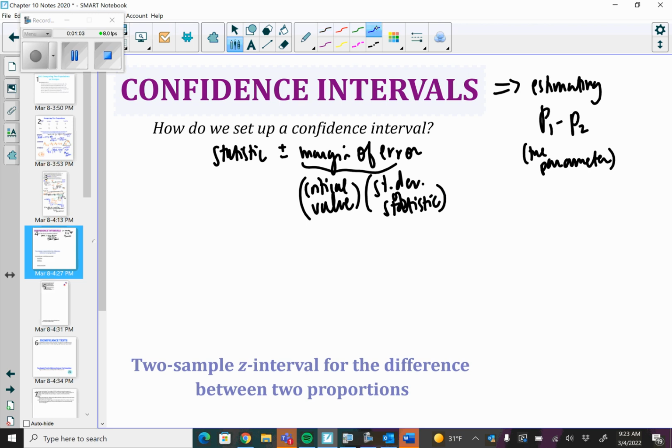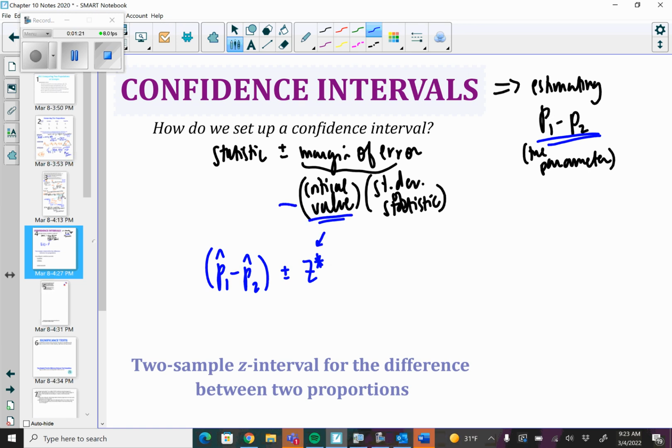So of course, if we are trying to estimate P1 minus P2, then our statistic would be P hat 1 minus P hat 2, plus or minus. If we're looking at P, our critical value is going to be a Z critical value, Z star. And again, this is linked to your confidence level.